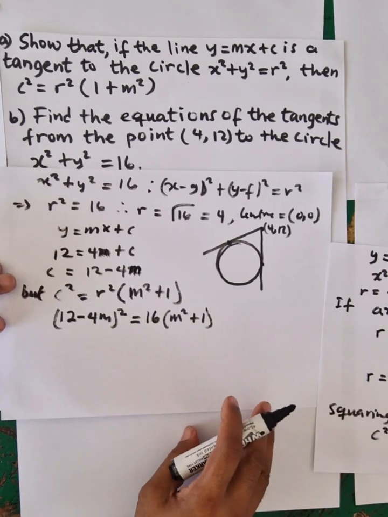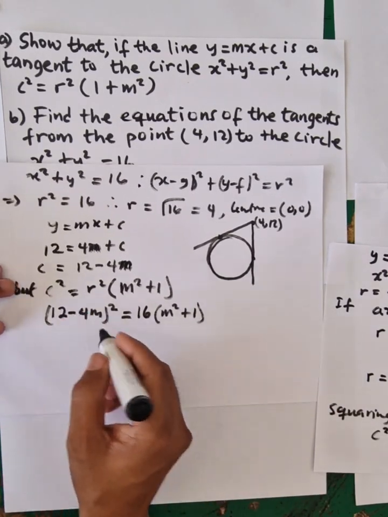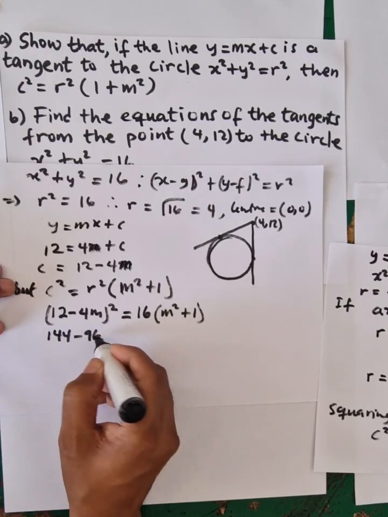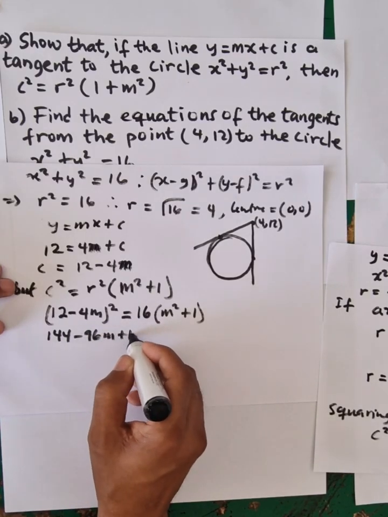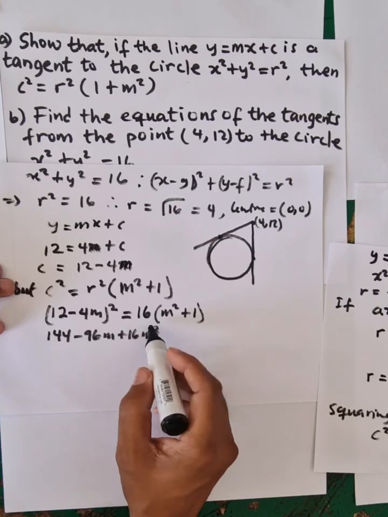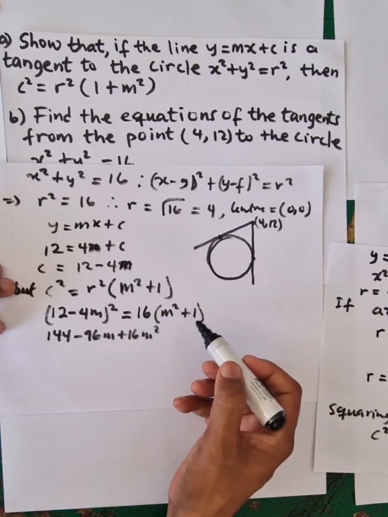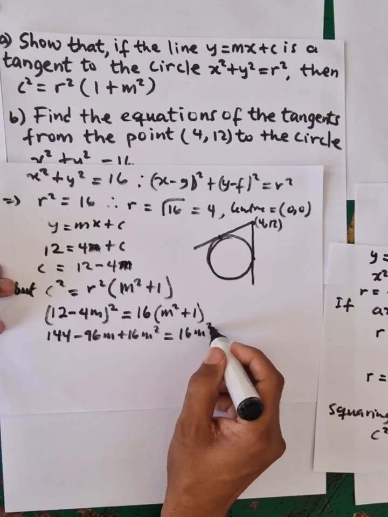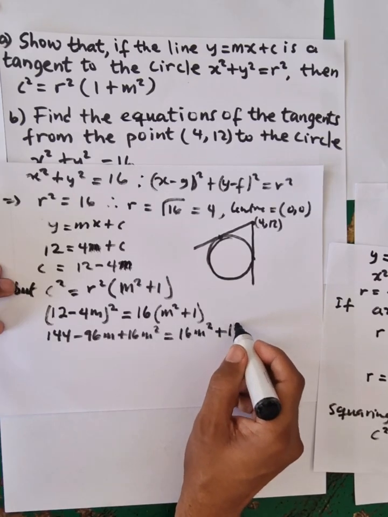Now let's expand these two expressions. We have 144 minus 96m plus 16m squared. Now let's distribute 16 through the parentheses. We have 16m squared plus 16.